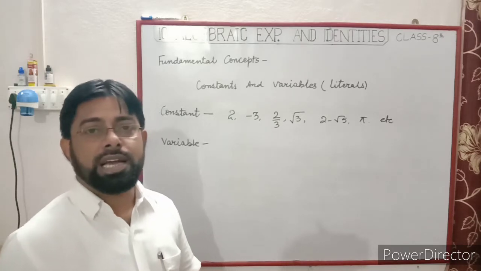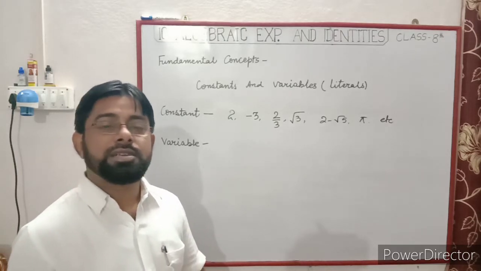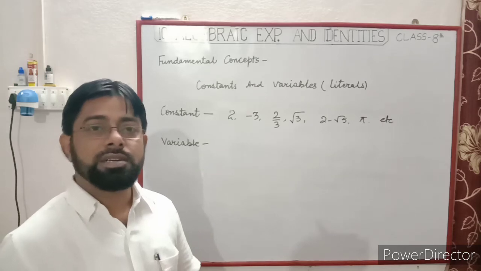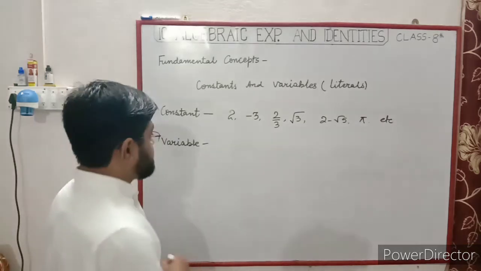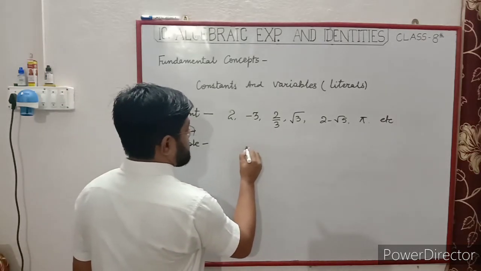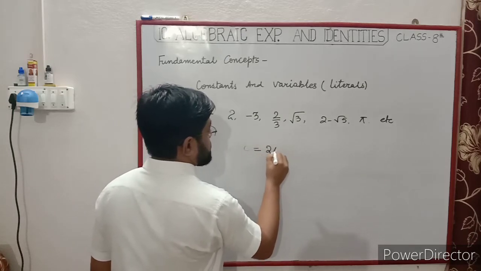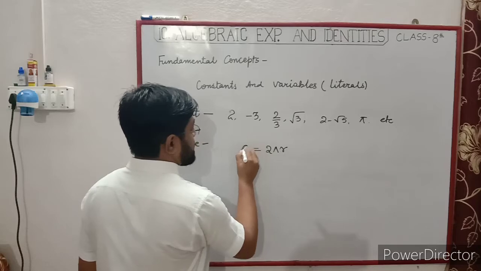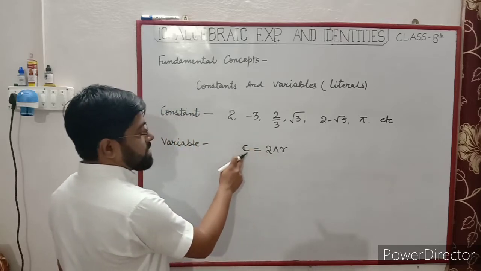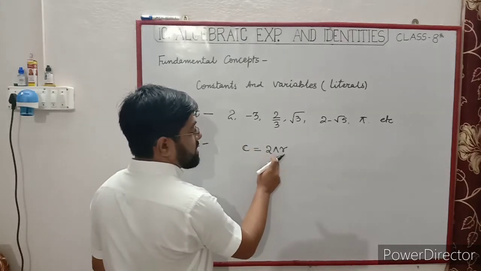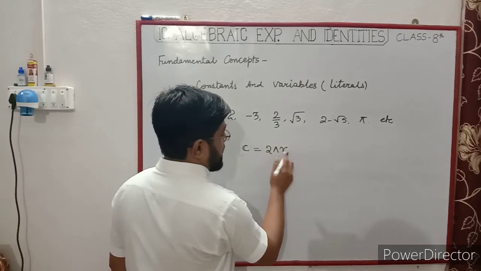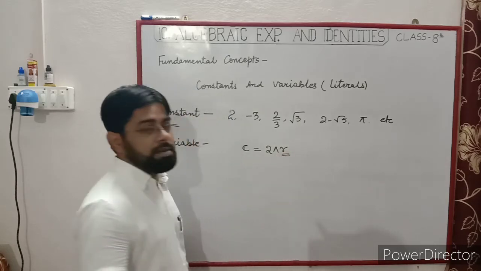A symbol which can be given various numerical values is called variable. Let's see. Suppose circumference of a circle is C = 2 pi r, where C is the circumference of the circle, 2 and pi are constants and r is the variable.